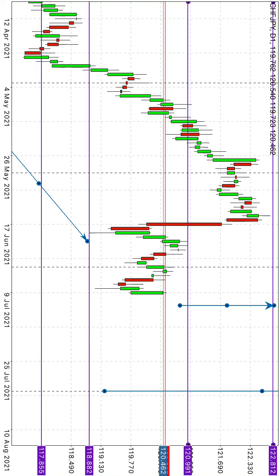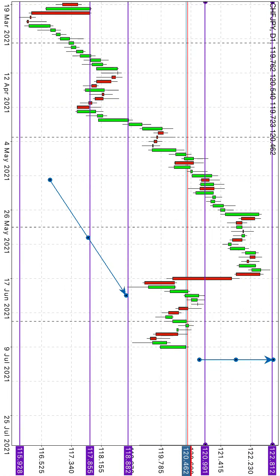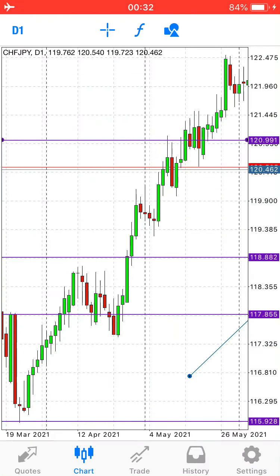Then I will buy on a daily, up until 112,812. That will be my take profit.